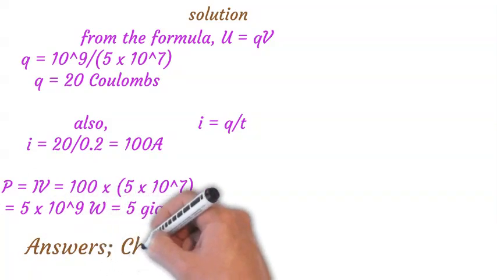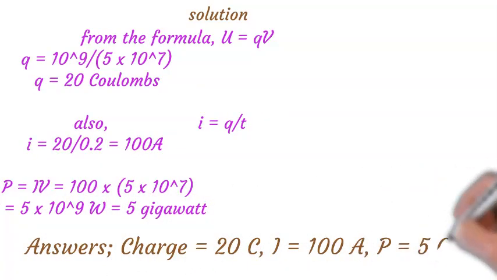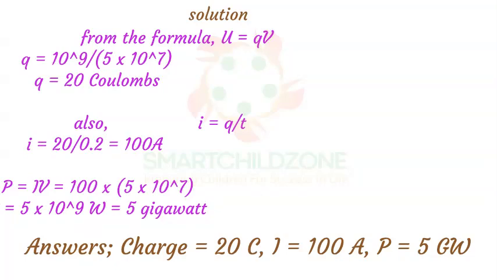So, charge equals 20 coulombs, current equals 100 amps, and power equals 5 gigawatts.